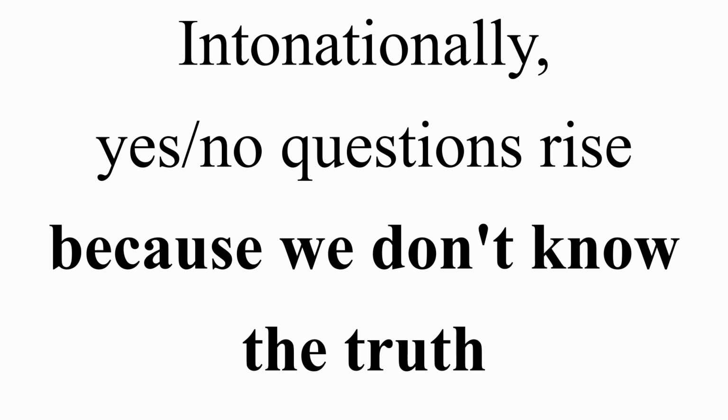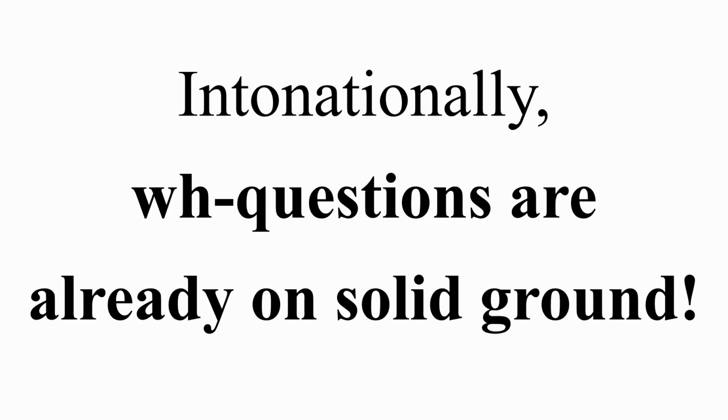That's true. There's already a yes, so it's not a yes or no question. Someone likes dogs. I just don't know what piece of information, what name or what person completes that statement to say, Tom likes dogs. So where a yes or no question rises because we don't know the truth of something, a WH question is already on solid ground. It's just missing a piece of information in the statement.